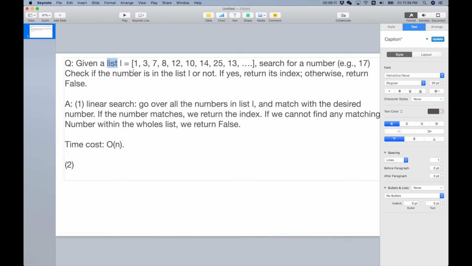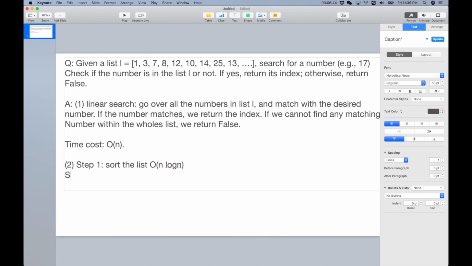If this list is not sorted, and so far we find this list is not sorted, we have the number 12 before 10. Probably another way we can do a search is step 1, sort the list. I think you should know some sorting algorithms. The time cost will be big O of n log n. The faster algorithm we can use for sorting is n log n.